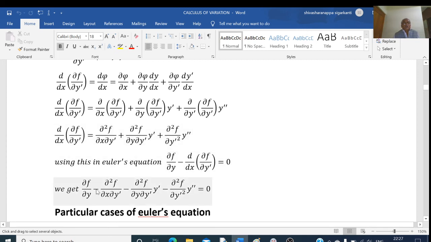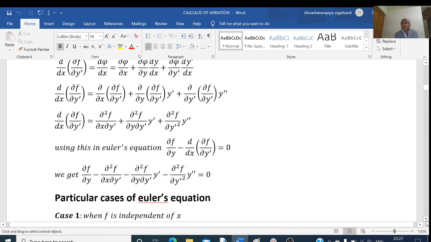So that is ∂f/∂y minus ∂²f/∂x∂y' minus ∂²f/∂y∂y' into y' minus ∂²f/∂y'² into y'' is equal to 0. So this is another form. Now we go for particular cases here.